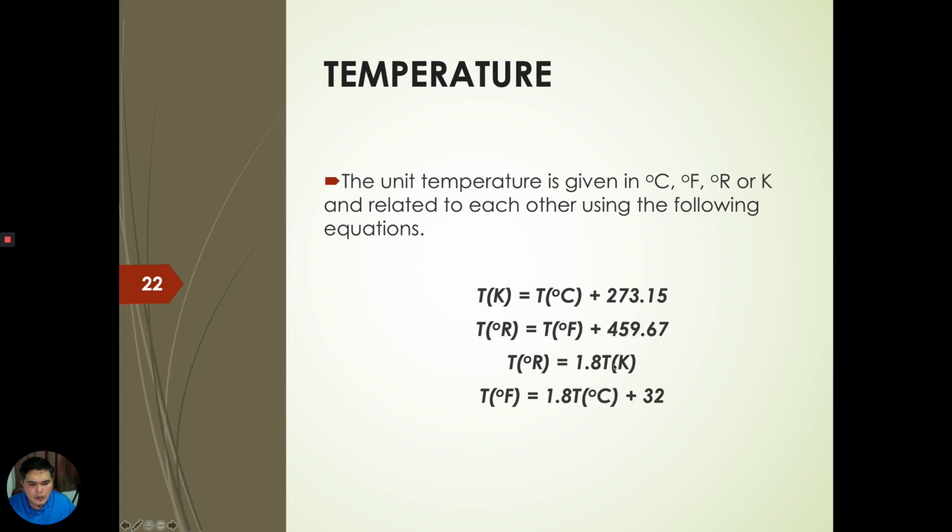Similarly, you can convert from Kelvin to Rankine, or from degrees Celsius to Fahrenheit. These are the formulas that can help you determine the temperature when you encounter problems with respect to mass and energy balance.